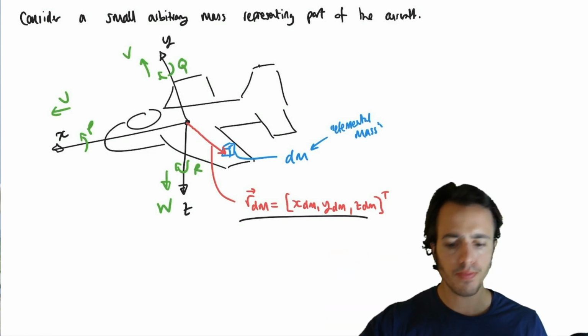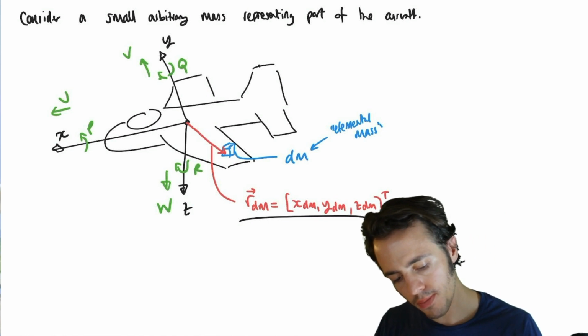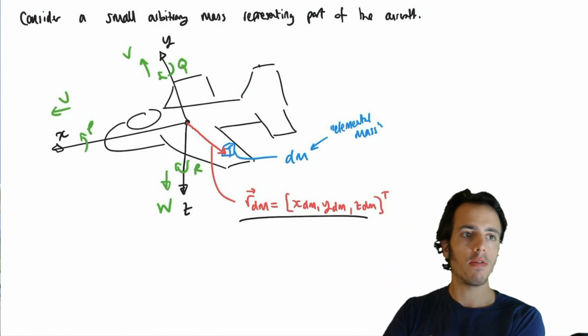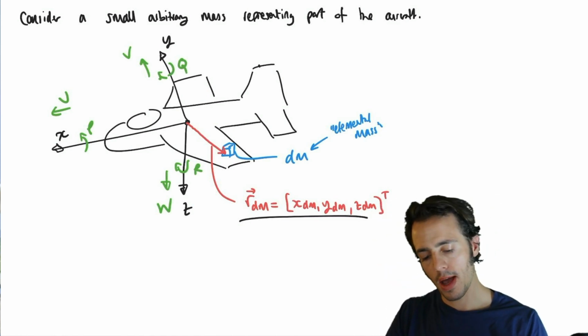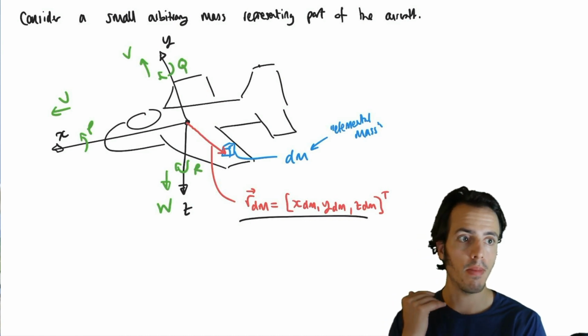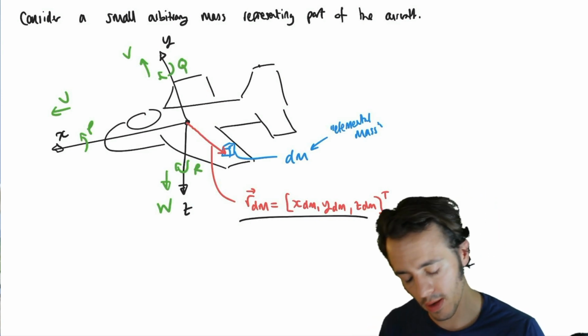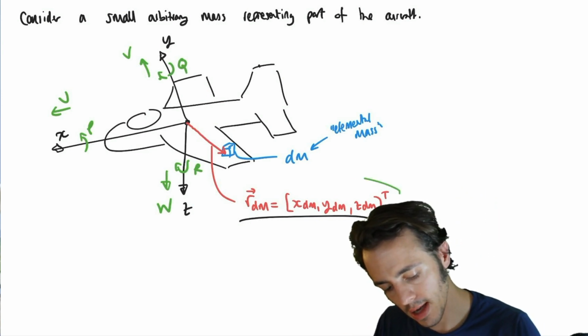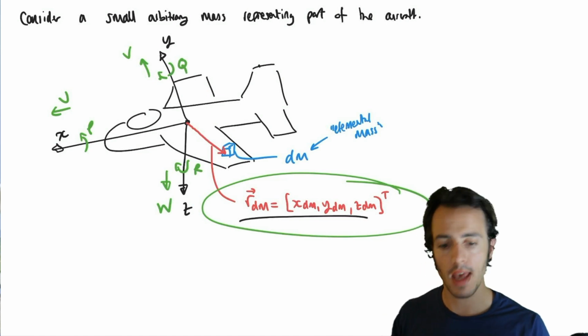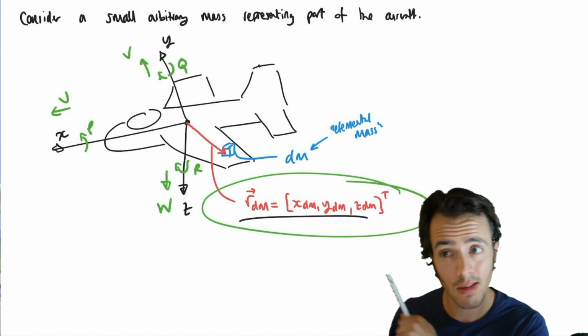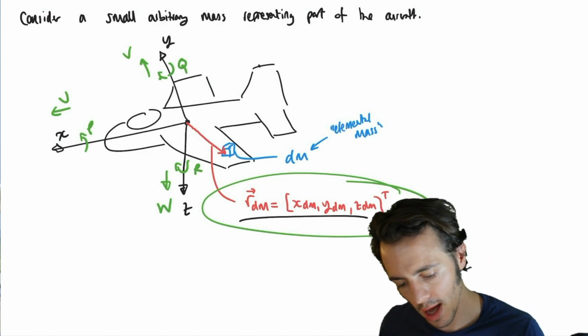So the absolute time rate of change of this part here, or the velocity that we can get of this component here, is going to be, sorry, it's not going to be a product. We're going to use the Coriolis identity to get the linear momentum of this due to aircraft rotation.